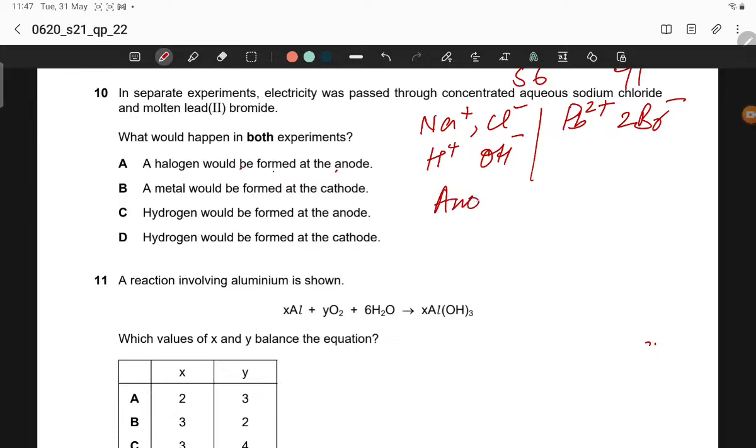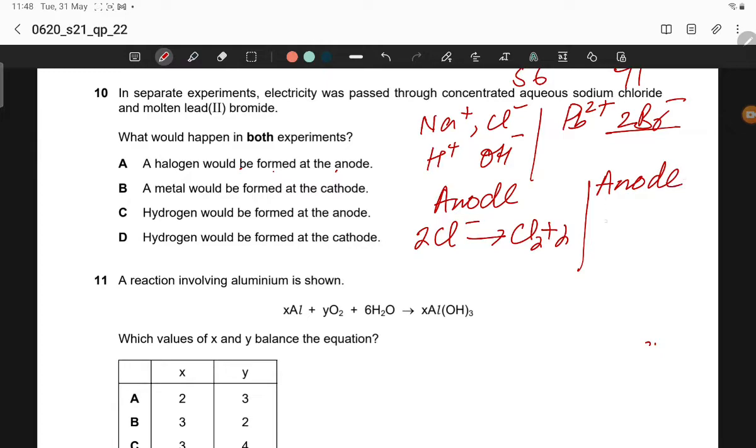Because it is concentrated aqueous sodium chloride, the chloride ion discharges at the anode to form chlorine gas plus 2 electrons. In the other case, Br negative is the anion and the anode is the positive plate, so 2 Br negative discharge at the anode to form bromine and 2 electrons. So a halogen would be formed at the anode. Yes, this must be correct.